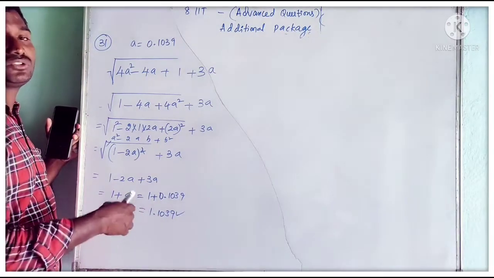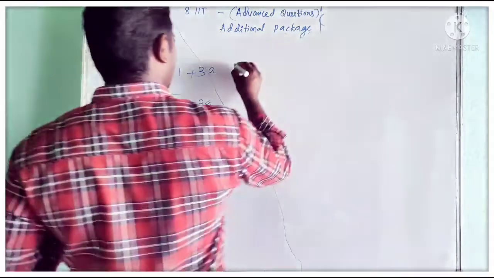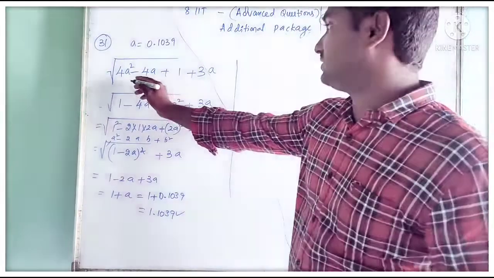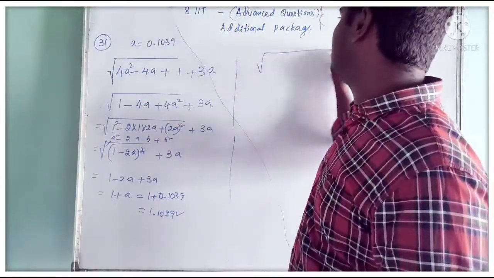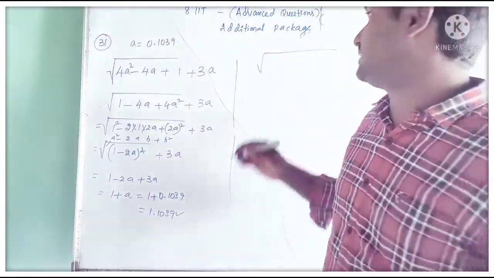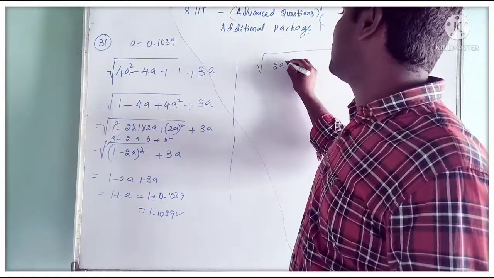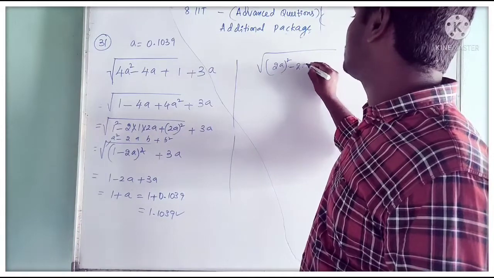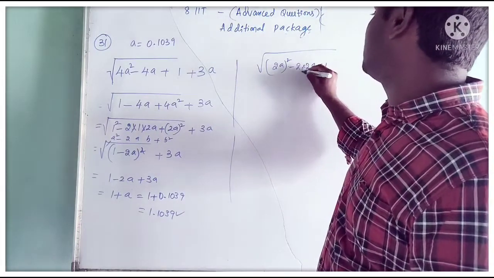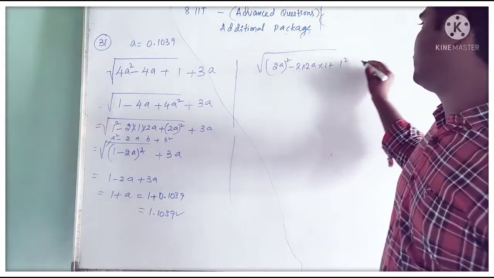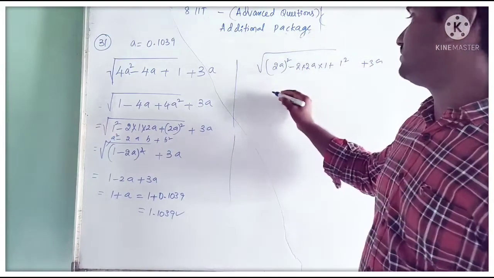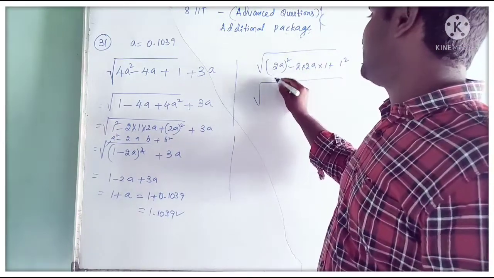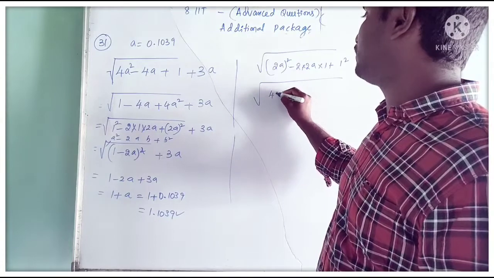If you do this question in the wrong way, you may do it like this. This we can write as 2a whole square minus 2 into 2a into 1 plus 1 square, plus 3a we have. 2a whole square is 4a square.